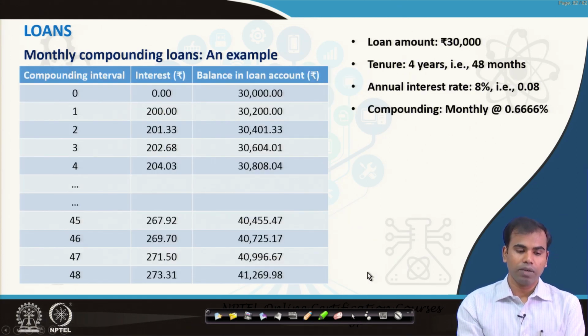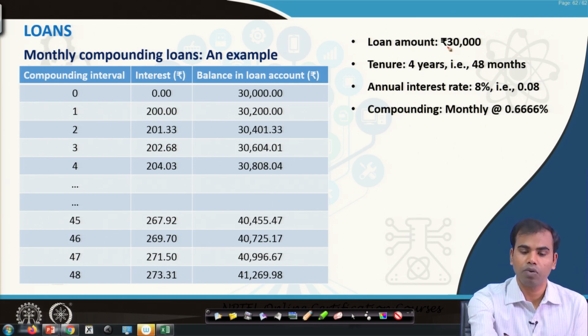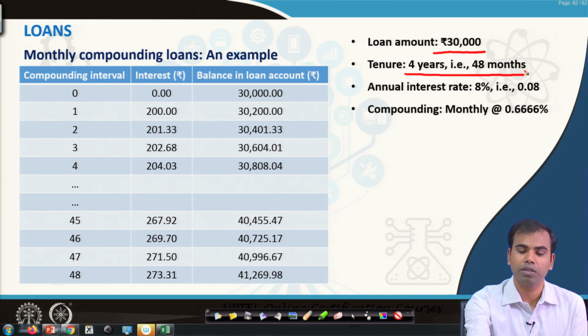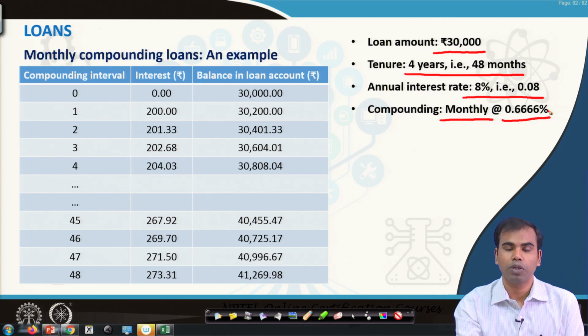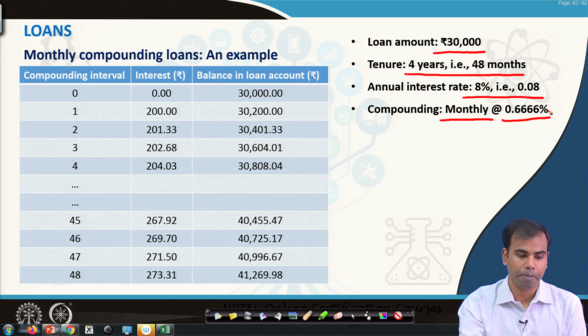So, here I have taken the numbers one step ahead. The example is the same. We have borrowed 30,000 rupees for 4 years, which is basically 48 months, at the rate of 8% annual interest compounded monthly, that is, the rate of interest charged on a monthly basis is 0.6666%.